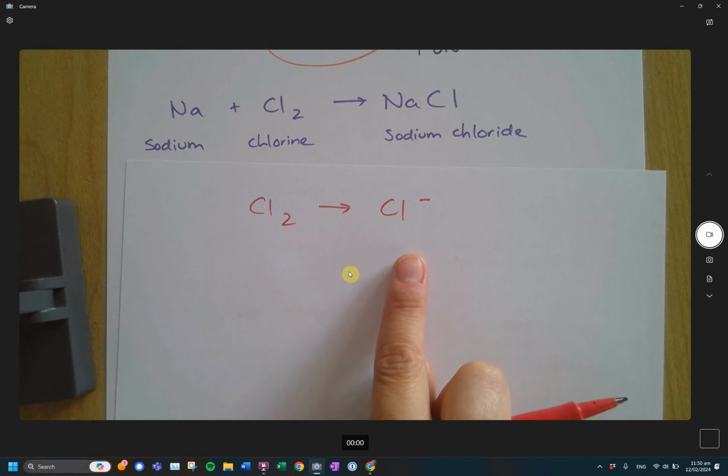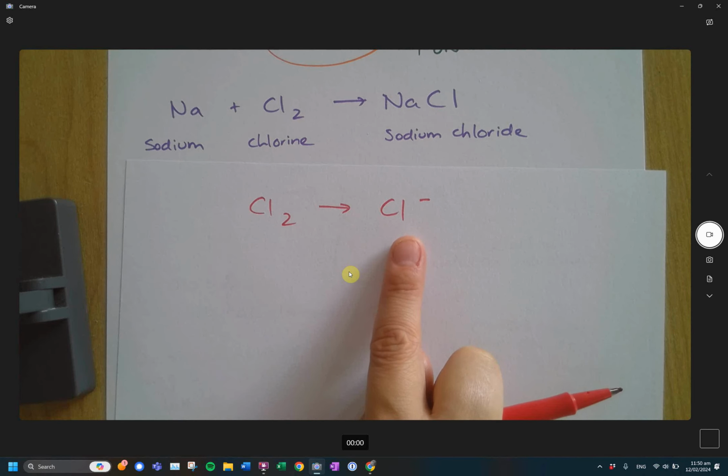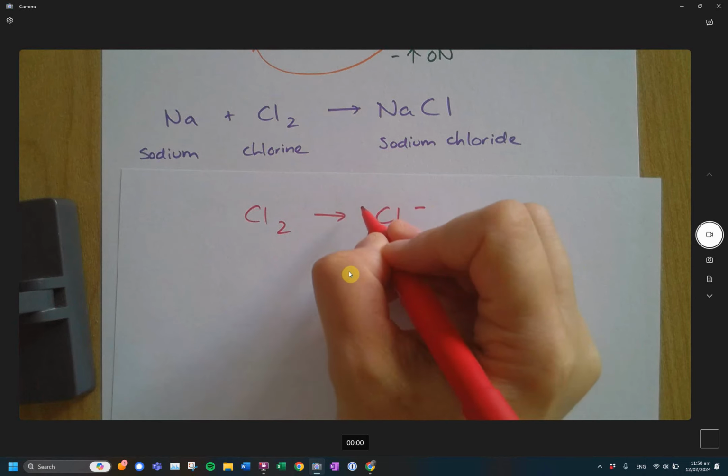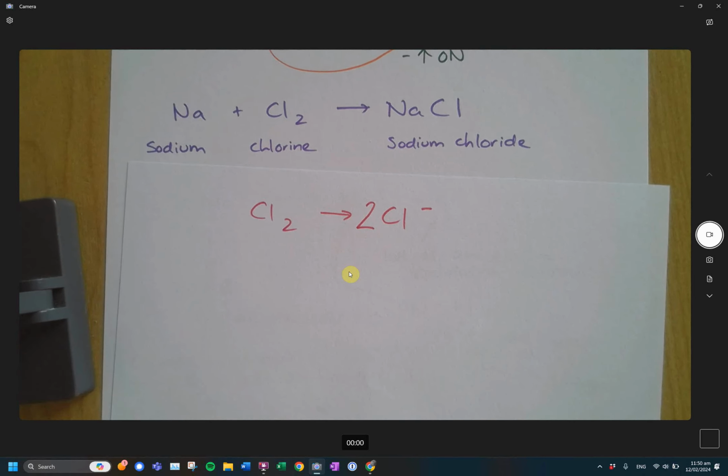I need to make sure that on the other side we also have the same number. So I need a number 2. In this case, because I'm now talking about not a formula, I need to put that 2 in front. So we don't put the 2 behind in that case. It's all about chemistry language. So I have 2 chloride ions.